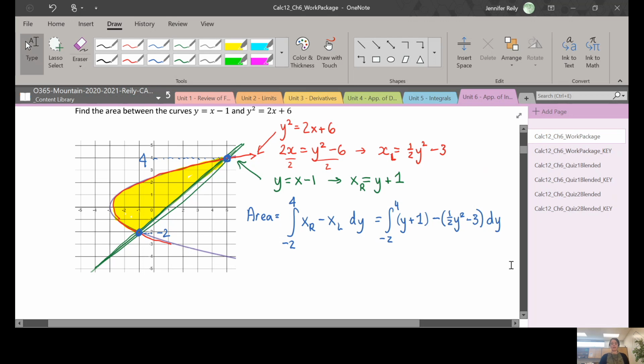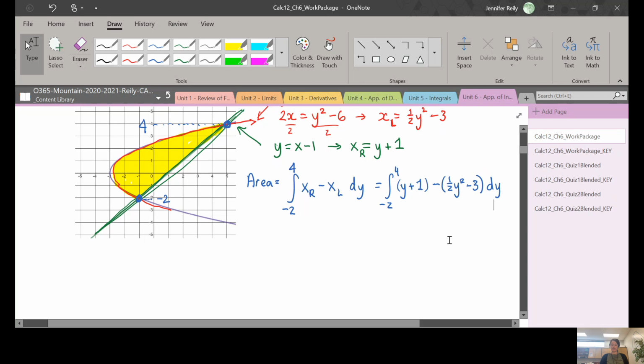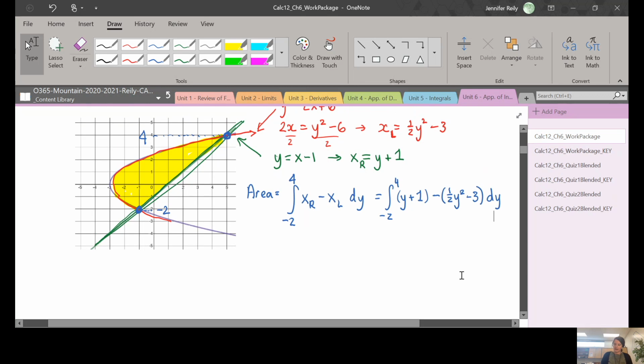And notice I have dy at the end of my integral because I'm integrating with respect to y. Okay. So now I'm just going to collect like terms and rearrange this so that it's easier to solve the integral. So I'll write the y squared term first. So I'll have -1/2 y squared plus y, and the constant terms add to 4.